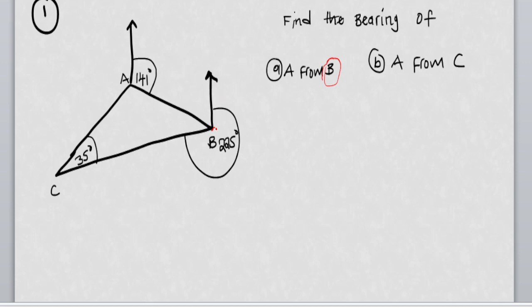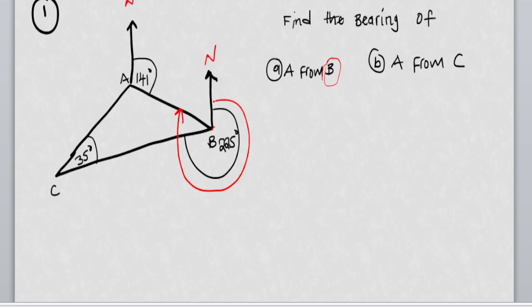This is a north and this is also a north, but the north at B is there. So the bearing should move from the north of B all the way up to the line that is joining A, like that.